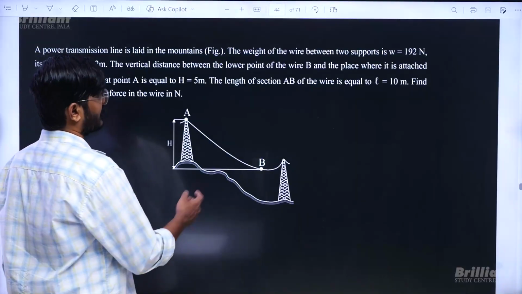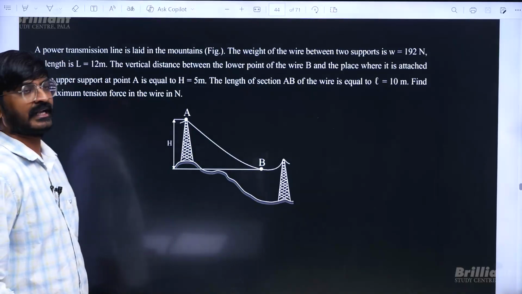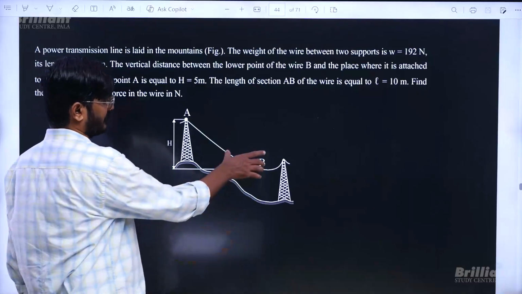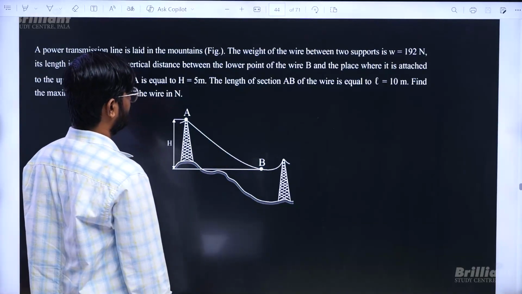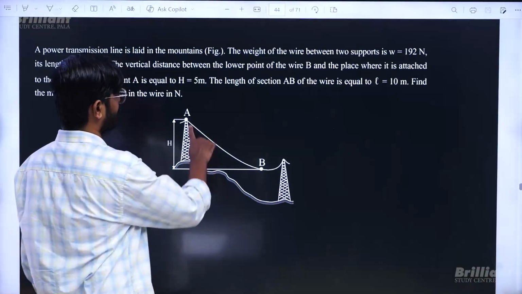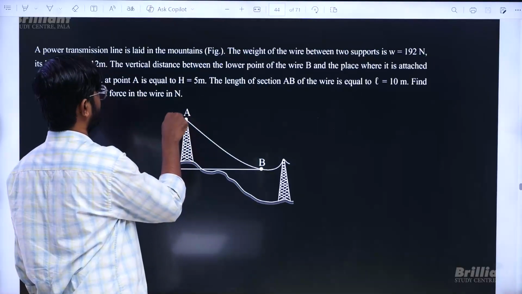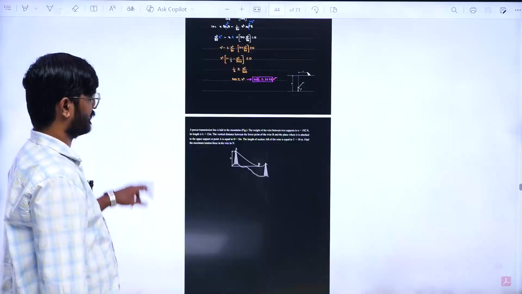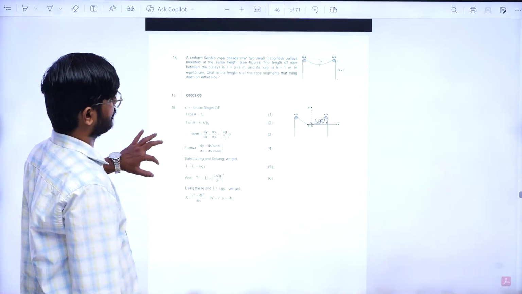Now we have already seen this question in our, I think, January 2nd advanced paper. So if you draw the free body diagram of any part, you should understand that horizontal tension will be the same everywhere and vertical tension will be maximum here. So net tension maximum is going to be here. So they are asking you to calculate what is the tension at A. So it was similar to this question from your January 2nd exam.